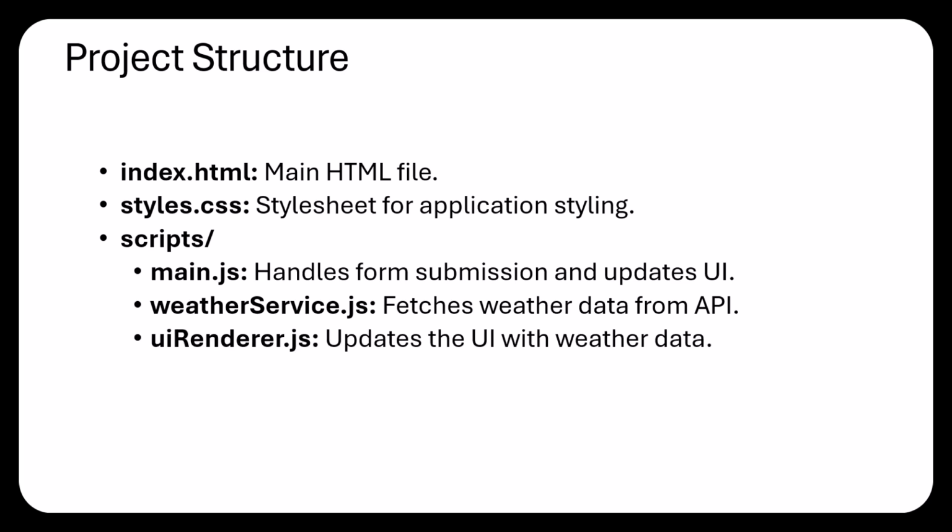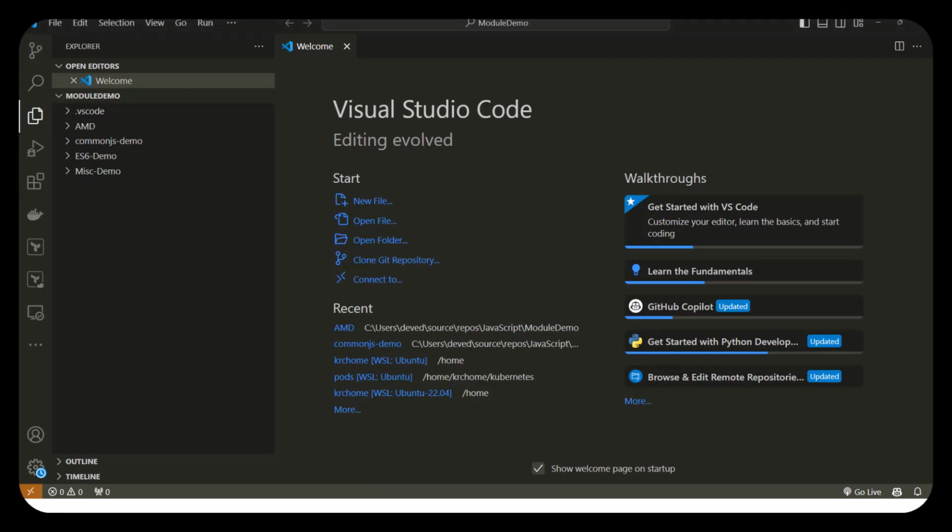The UIrenderer.js updates the UI with weather data. Now, before looking into the markup, CSS and JavaScript code for each of these modules, let's first switch over to Visual Studio Code and start building your application.